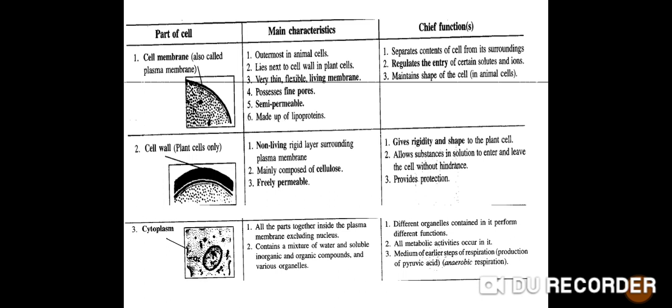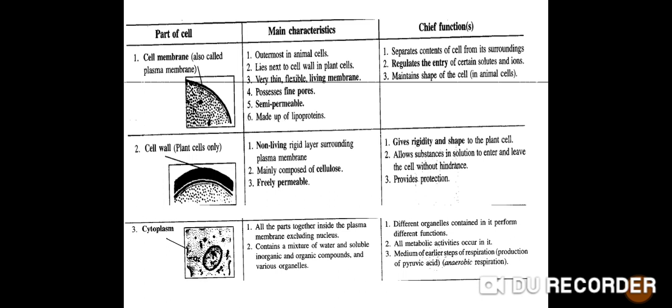And the functions of the plasma membrane are: it separates the contents of the cell from its surroundings. It regulates the entry of certain soluble compounds and ions. It maintains the shape of the cell in animal cells.